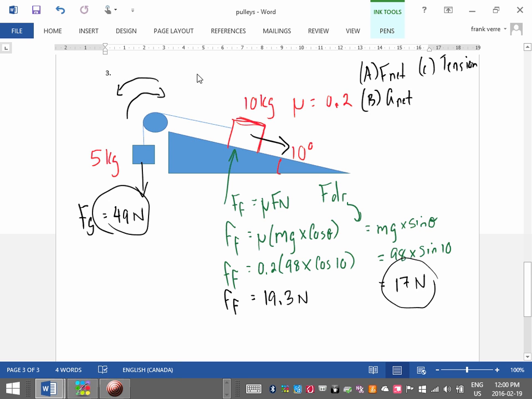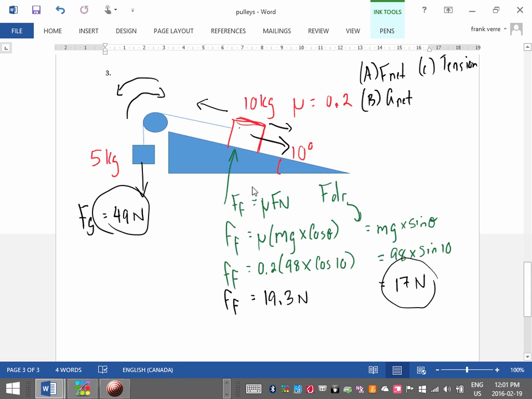And if it rotated clockwise, then which way would friction act? It's always opposite of motion, so it would act this way. But in this case, logic dictates that this system is going to rotate counterclockwise. So this is going to slide this way, which means friction is going to act in the same direction as the force down the ramp.